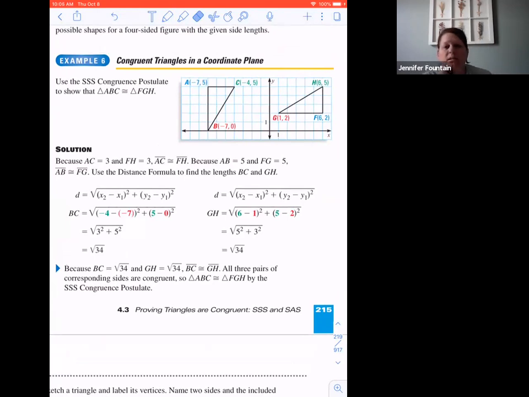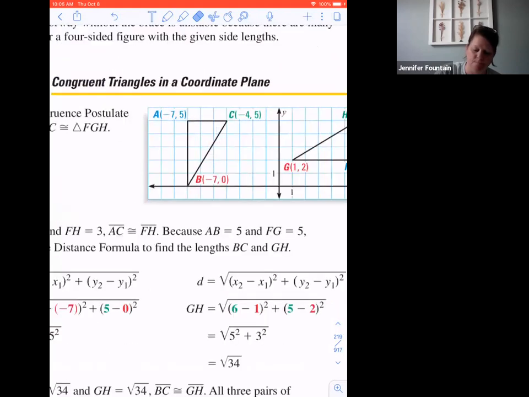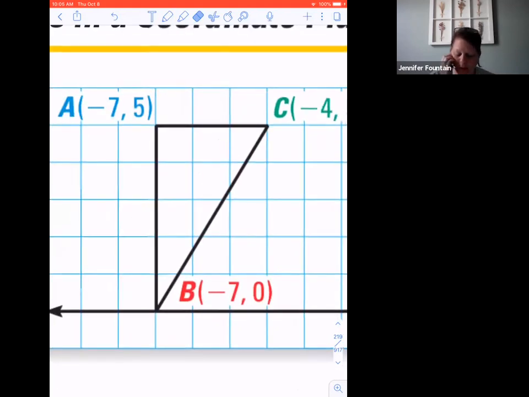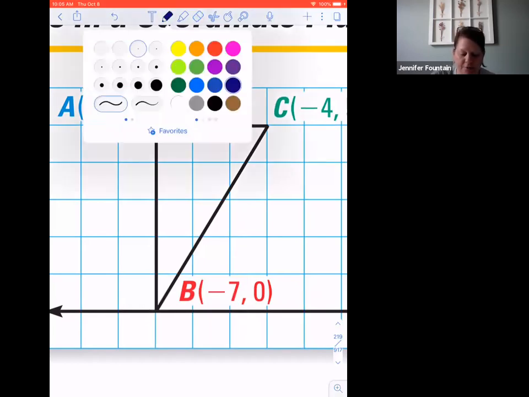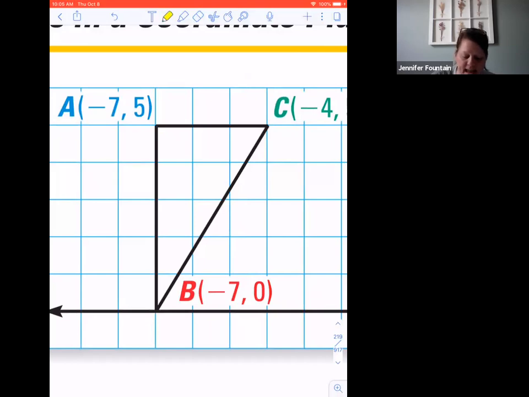Okay, so let's look at this for just a minute. Notice that when I have a triangle on the graph, I can easily count the measure of this side, because I can use these blocks and count it as a unit measure.